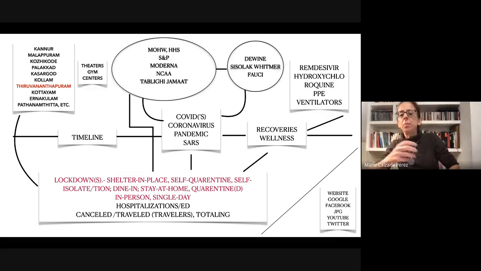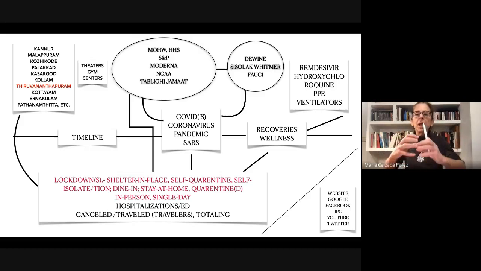Opposite that box, you've got another box with positive things like recoveries and wellness. And that box is associated to artifacts that bring about this positive scenario. So artifacts like PPE or ventilators or remdesivir, for instance.